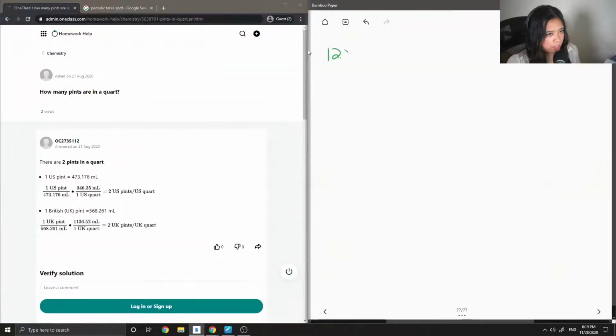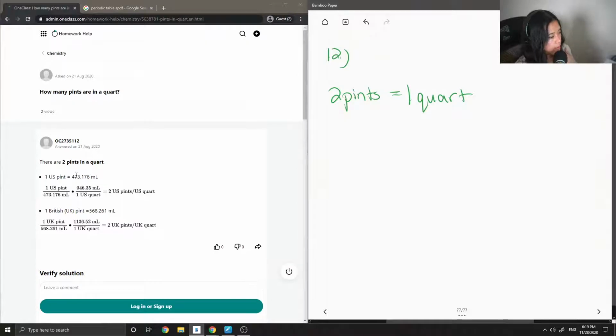Question 12 asks, how many pints are in a quart? We can just say that there are 2 pints in 1 quart. And the junior tutor said there are 2 pints in 1 quart. 1 US pint is equal to 473 mL. 1 quart has 946.35 mL, so if you divide, you get 2.